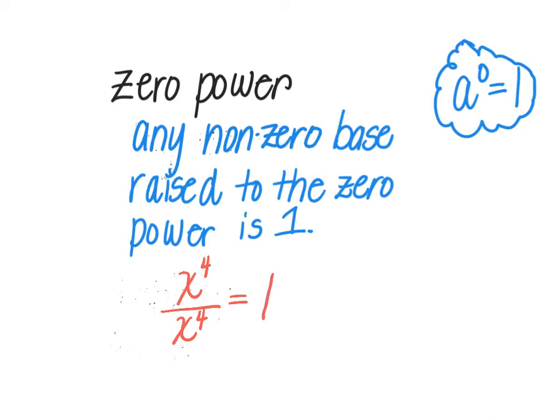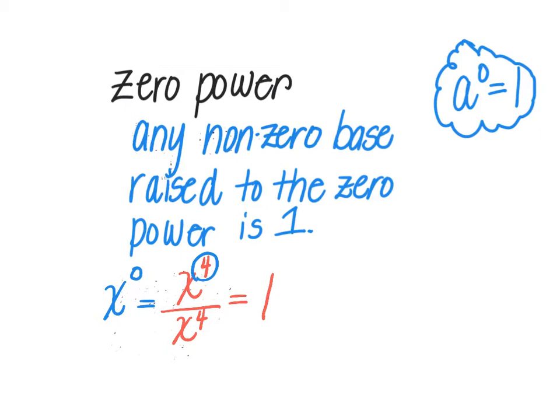Another thing that we need to remember is our quotient rule. Our quotient rule says that you keep your base and subtract your powers to simplify. So here I'm going to keep the base of x and then I'm going to subtract my powers. Doesn't matter where I start, but if I just start at the top, 4 take away 4 is 0.